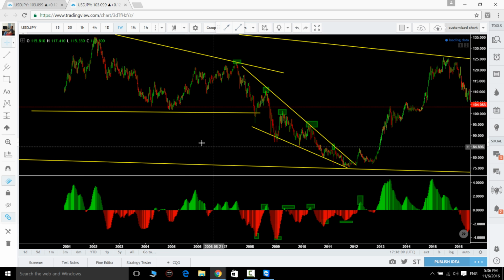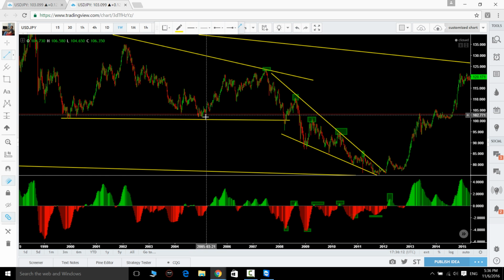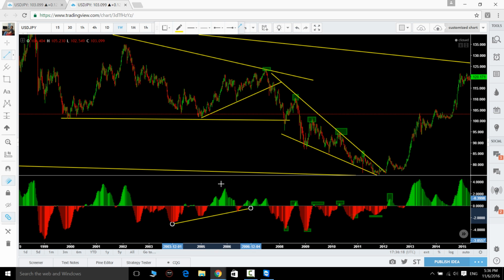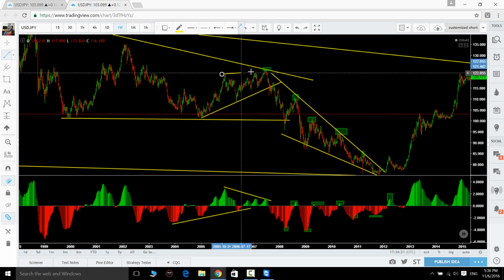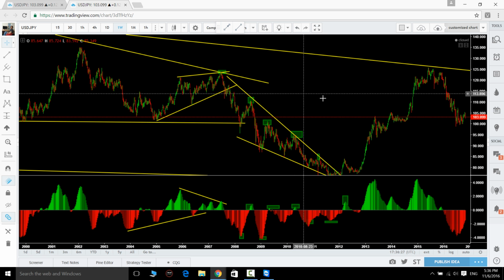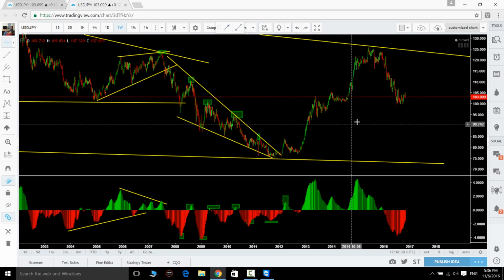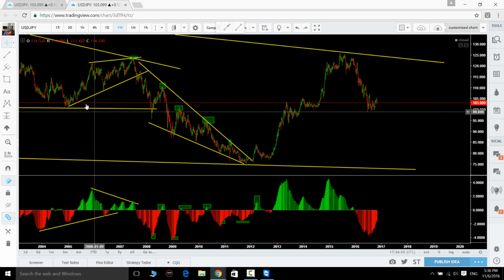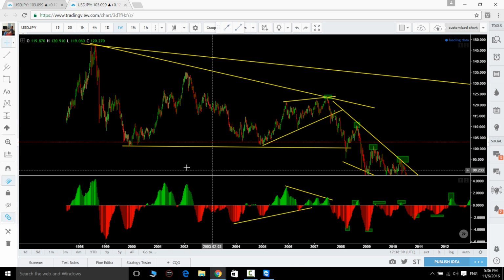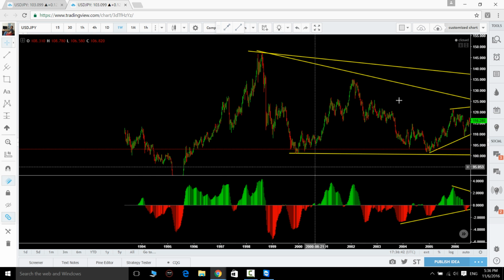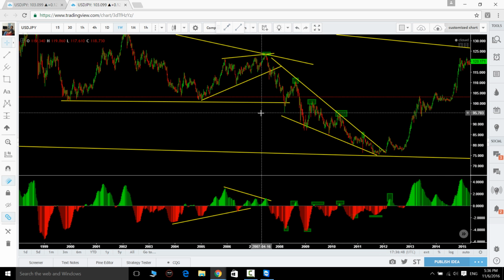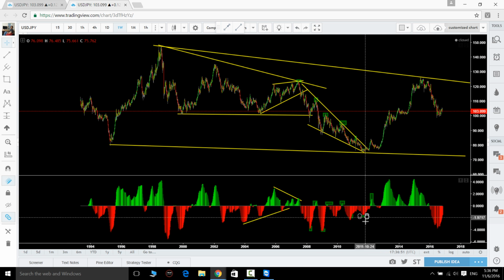You can see this technique is also being used. This is how they do that, and they count waves using their MACD as well.